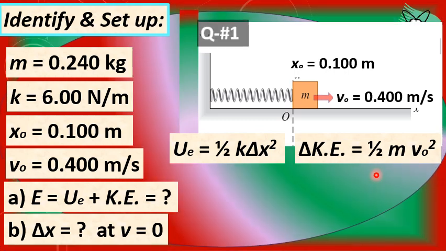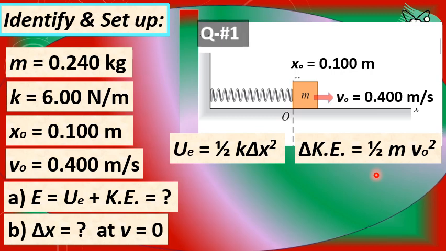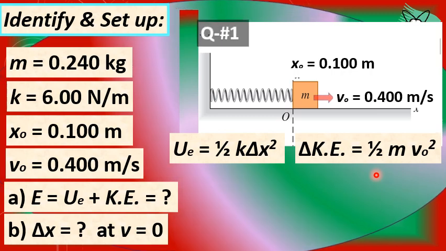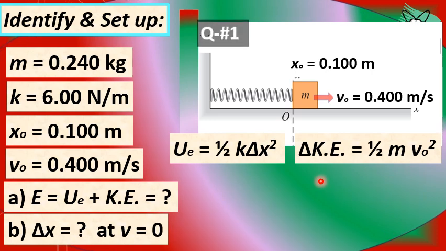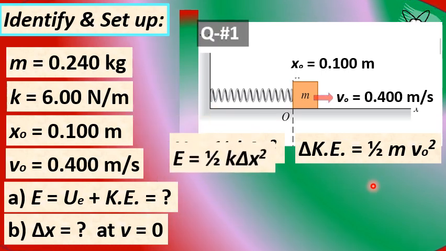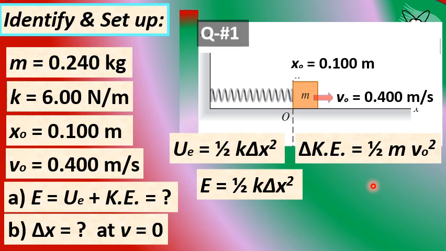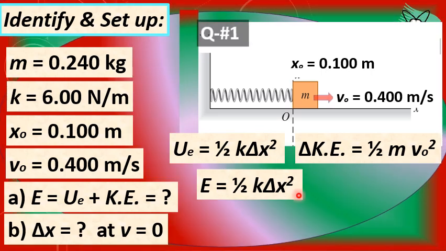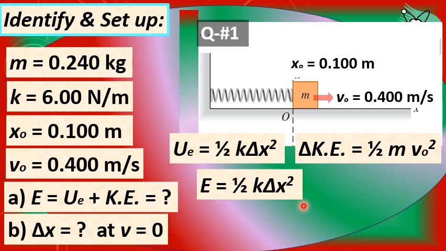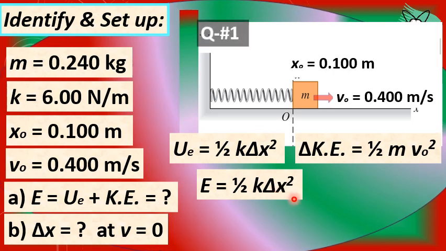So, when the glider is momentarily at rest, the total mechanical energy, capital E, is purely elastic potential energy. So the total mechanical energy E is just equal to the elastic potential energy, or 1 half K delta x squared.